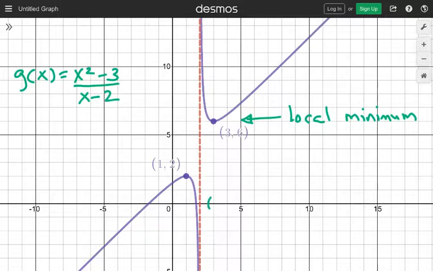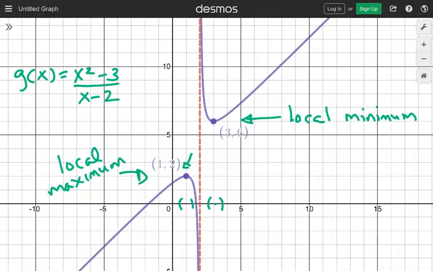In a region around x equals 3, this is a local low point. And this point is a local max, because around x equals 1, this is a high point.